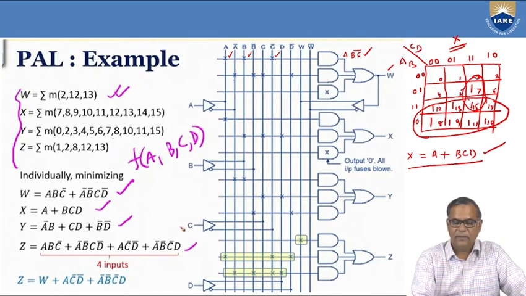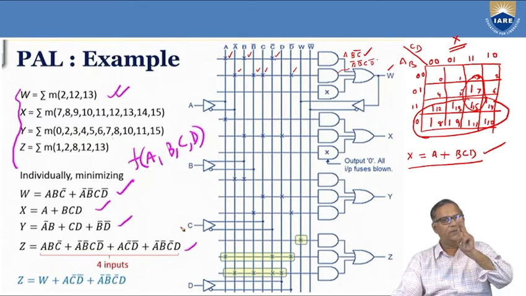So you see here A bar, B bar, C. So I am going to use C and D bar. All these 4 inputs are programmed accordingly, and this will give me A bar, B bar, C, D bar.